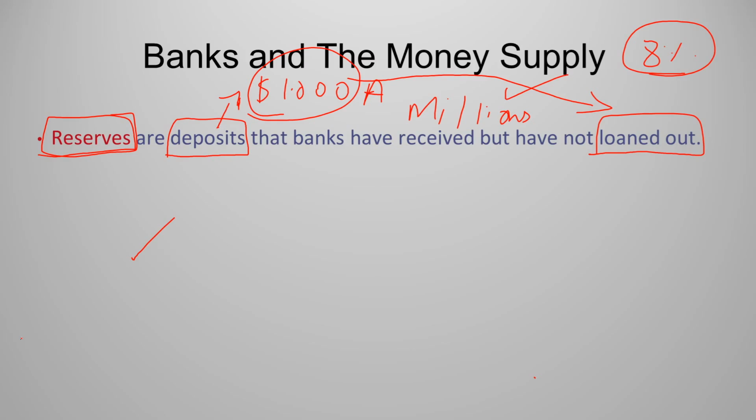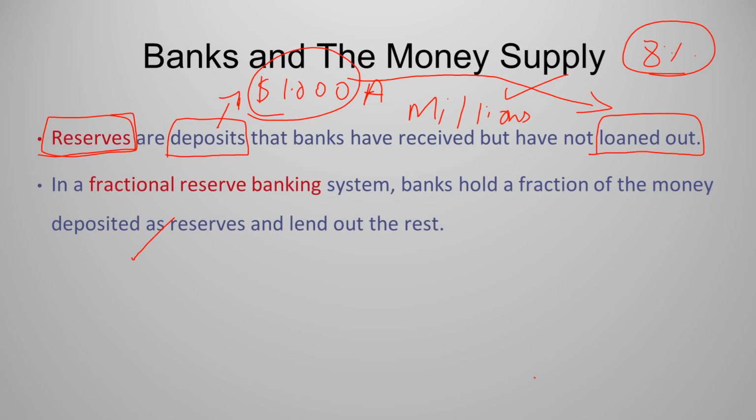So now I hope you understand what reserves are, what deposits are, and how deposits and loans are connected. In a fractional reserve banking system, banks hold a fraction of the money deposited as reserves and lend out the rest. It's the same as we discussed before, but this system is called the fractional reserve banking system.